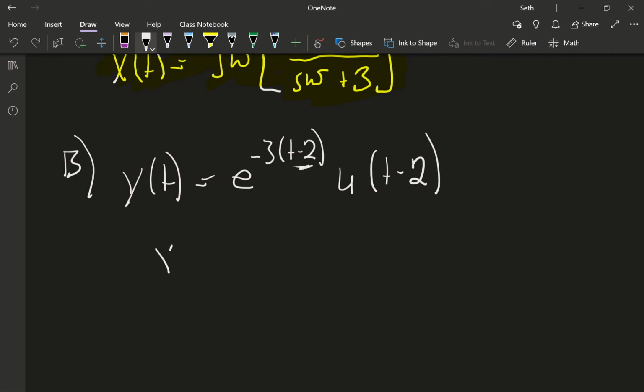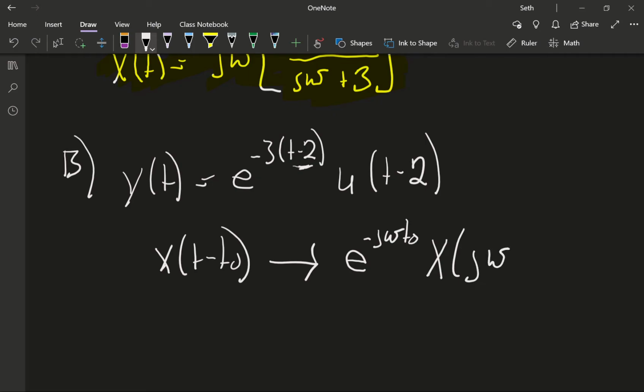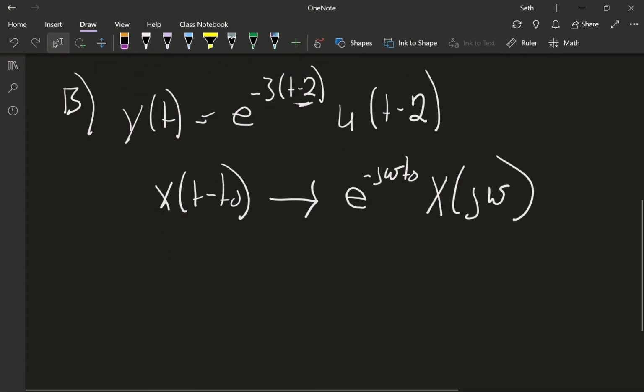So we have a shift of this t naught. The way it's going to affect the transform is that we're just going to multiply the transform by the exponential of negative j omega t naught, that is.